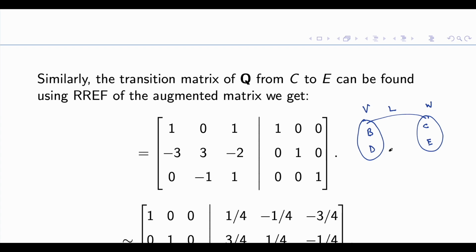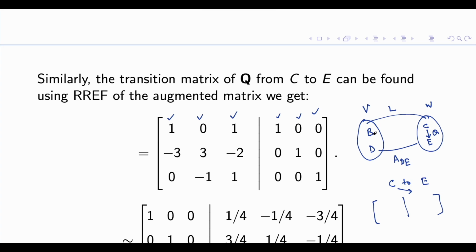So now if you see here, this A, D, E, and we are in the process of calculating Q. Q is a transition matrix from C to E. C to E means you have to construct the matrix with respect to E. The E basis vectors are already given like this. And C is the standard basis. So you can write C and perform RREF on it, right?